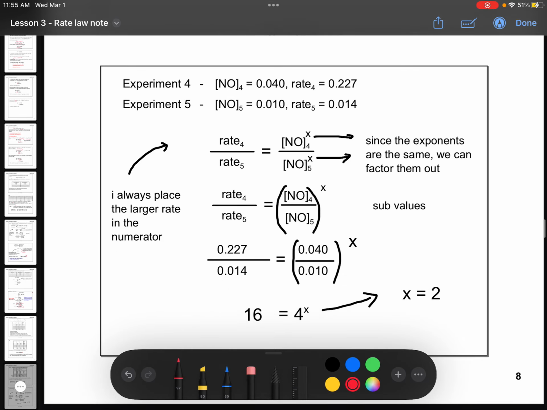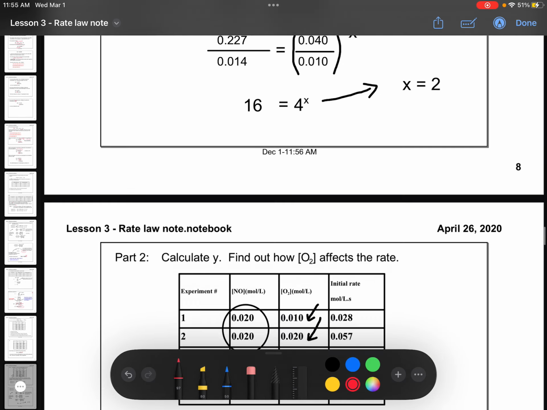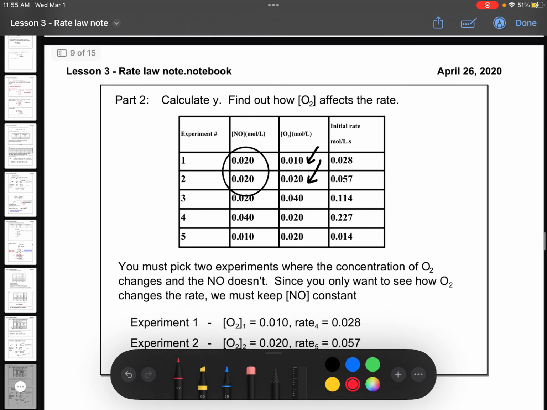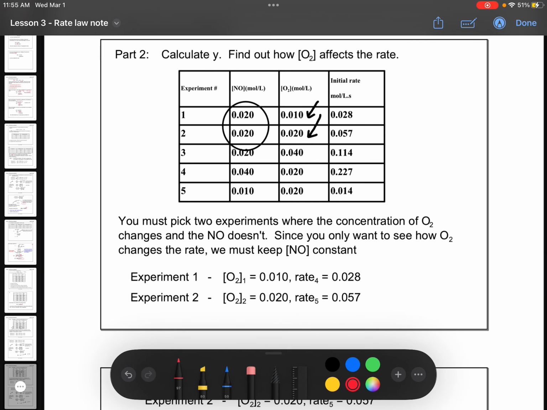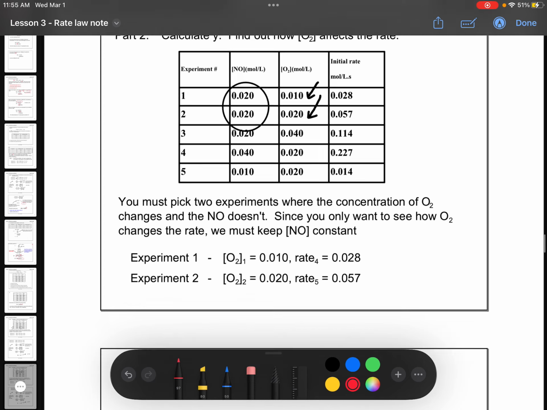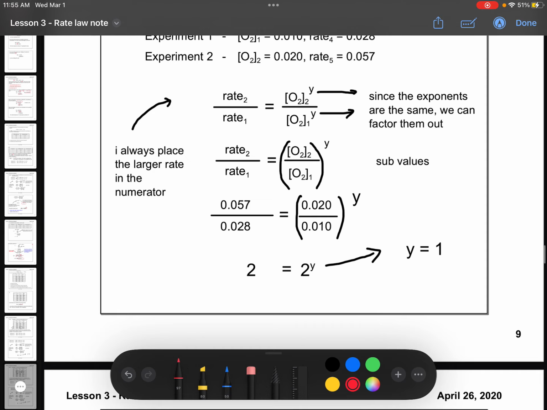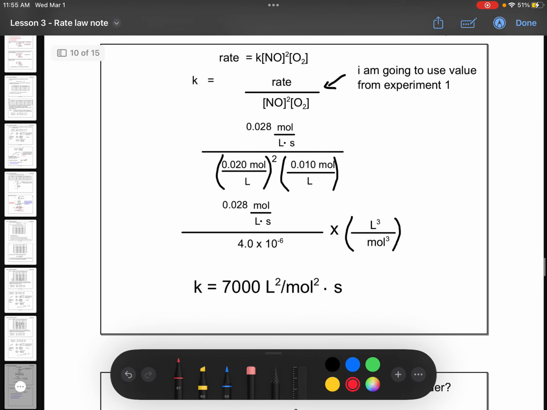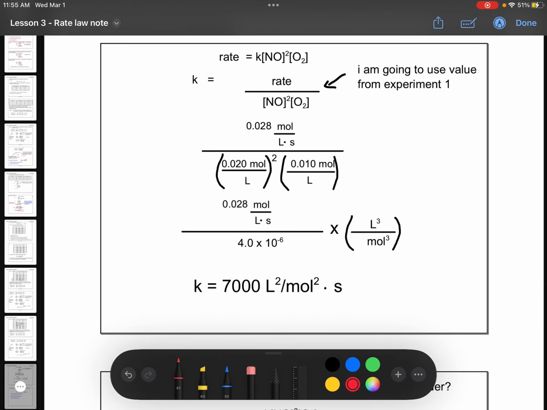And then based off of that, we were able to plug in the information and find out what X means. So X is 2. Then we calculate Y, same sort of thing. We look at our NOs. We found out that they're very similar, so we use those two values. And we found Y is 1.